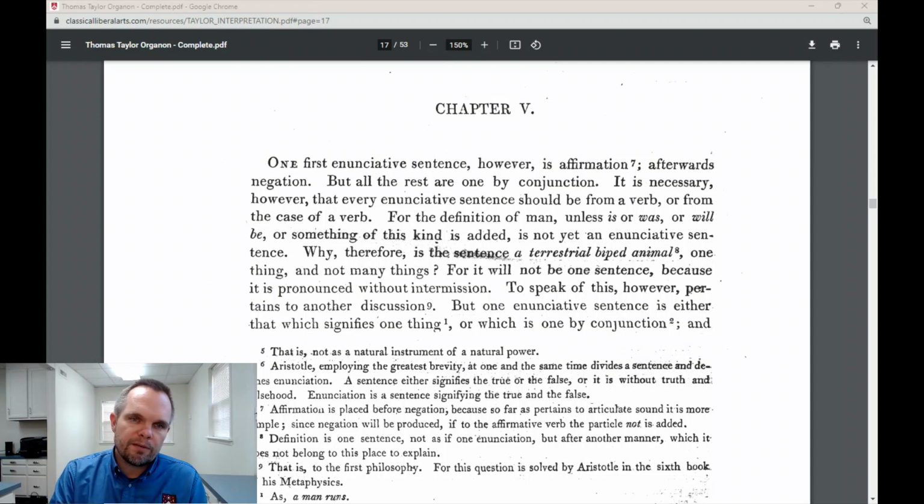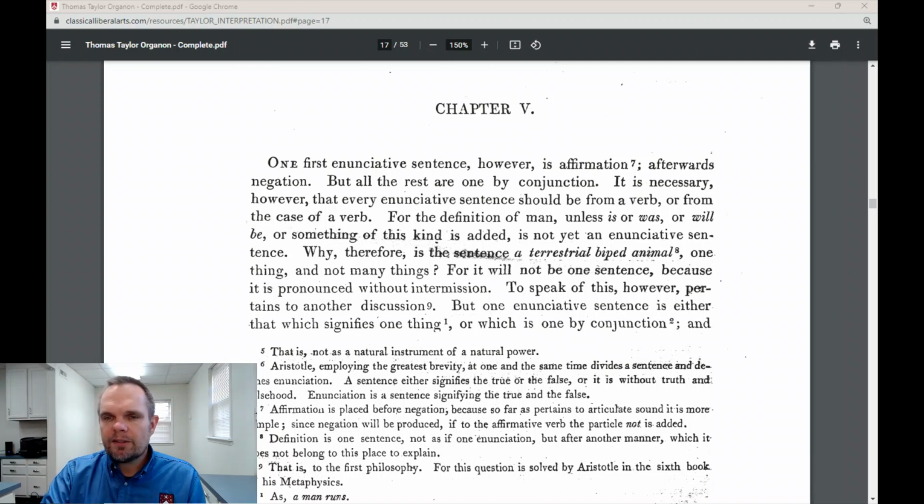Enunciative speech is either simple or composite. When he says one, what he means is simple. And then when he says they are one by conjunction, it means that they're composite. Okay? The first two sentences there.